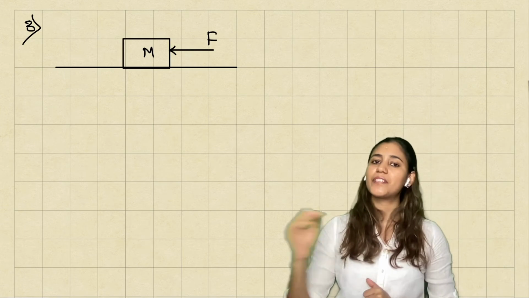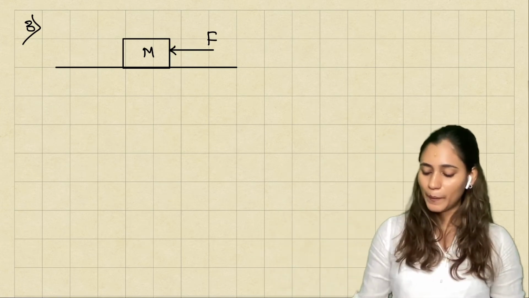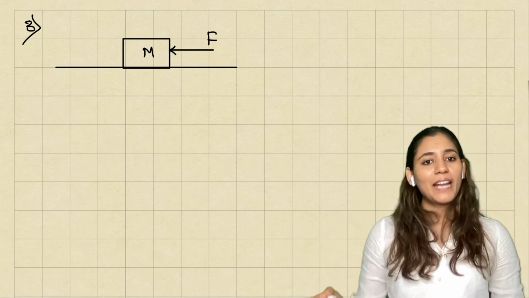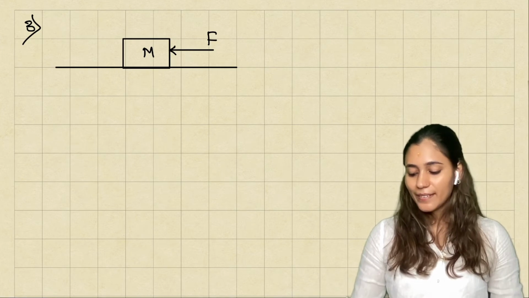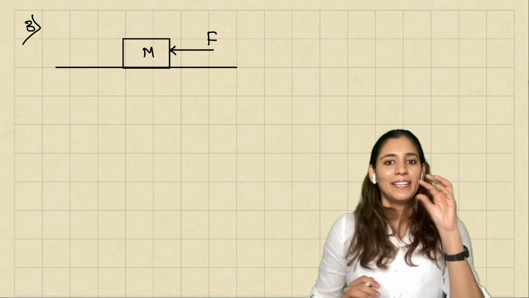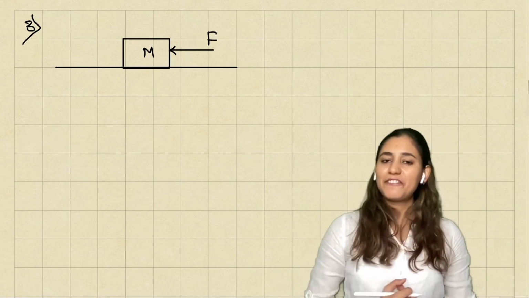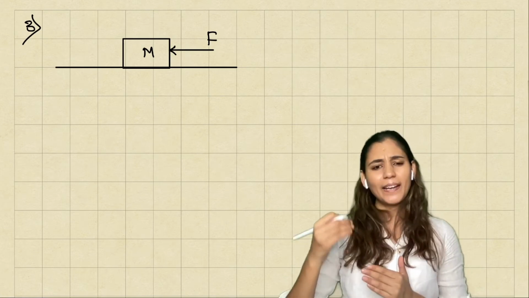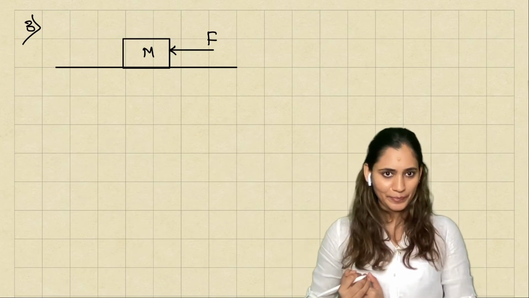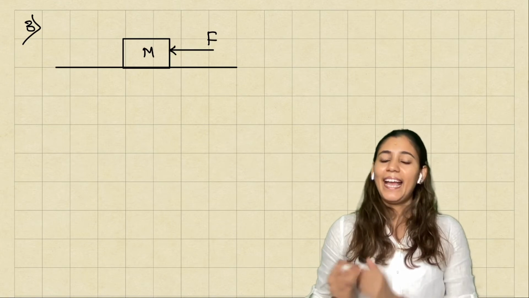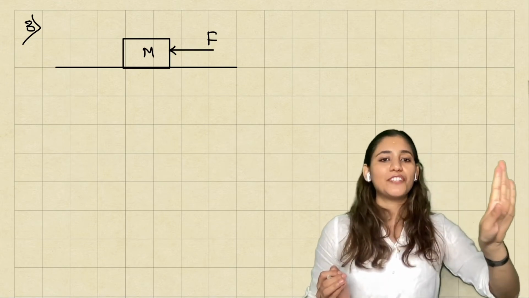Now what will happen? The static friction slowly tends to decrease, and this block will move away.